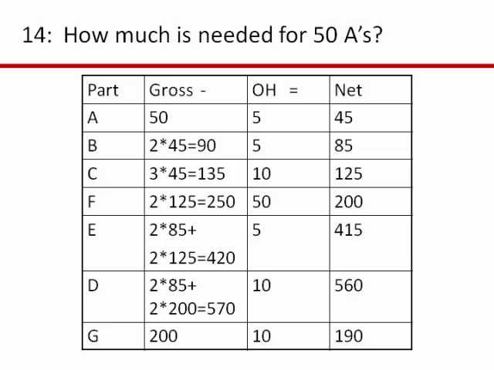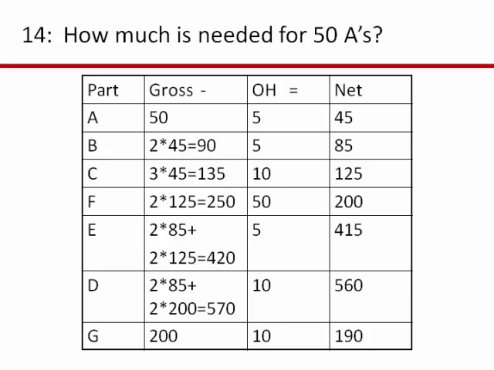All right, so how many items do we need for 50 A's if we use that bill of material? So here's where we get into deducting on-hand amounts. If we have on-hand amounts, then they're already made, so we don't have to make them.